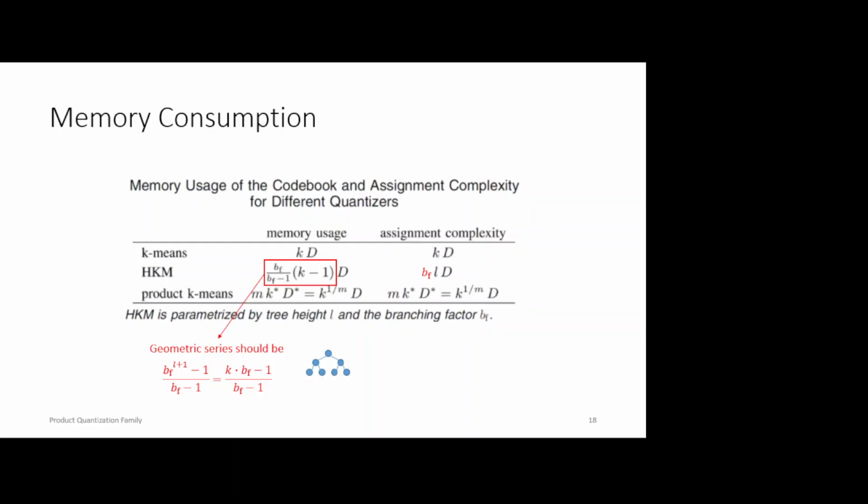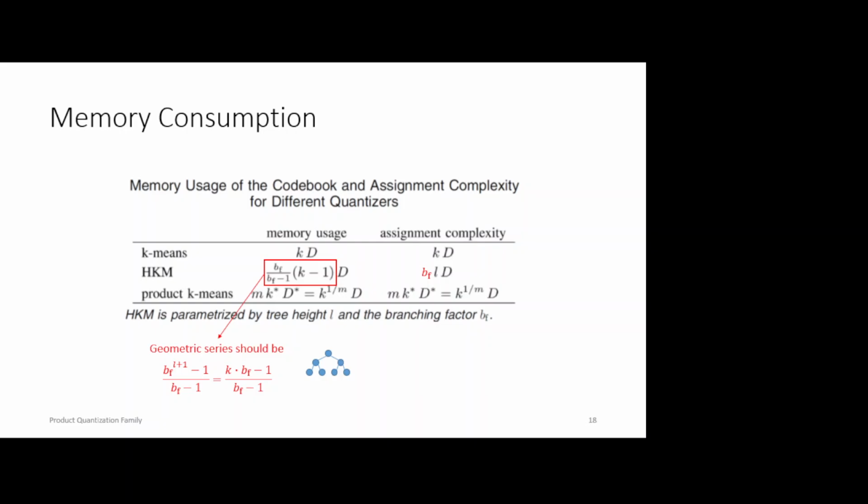So how about if we apply hierarchical K-means, HKM? What is the memory use? In their paper, they say the memory use is like this, but it's wrong. It should be here. You can see the memory used to store the codebook. Actually, you have to store all the nodes.